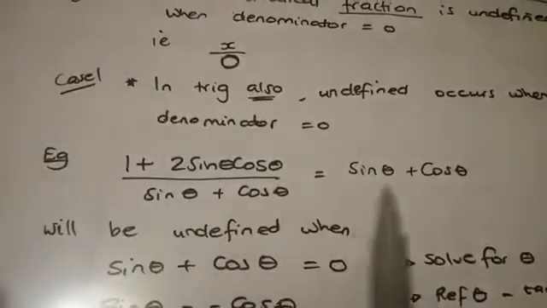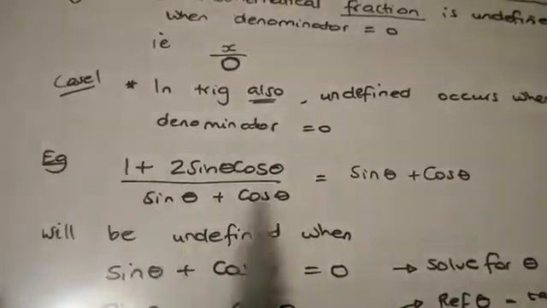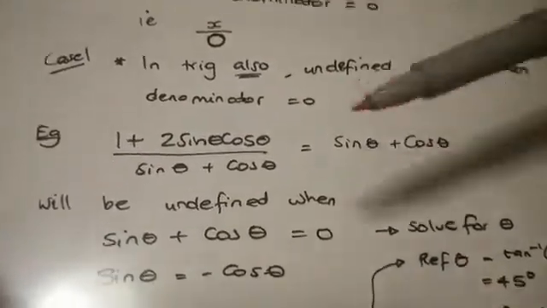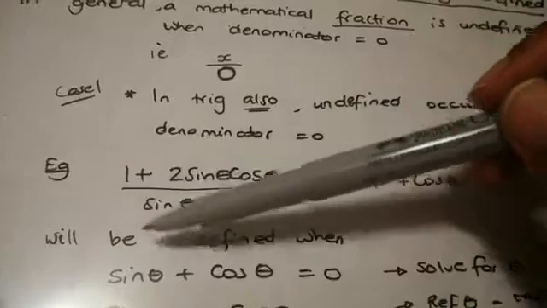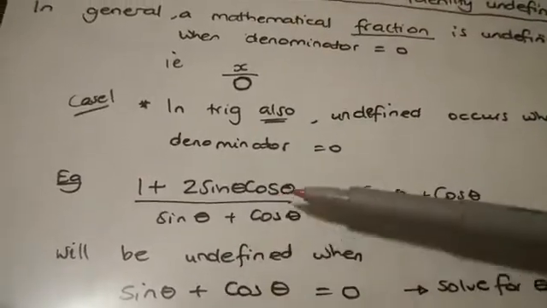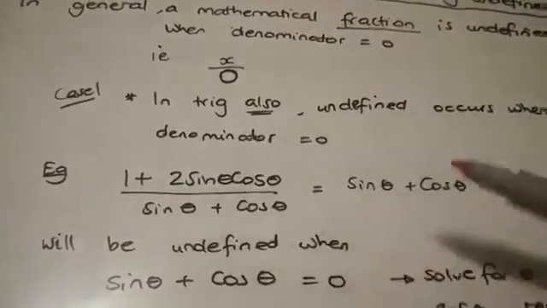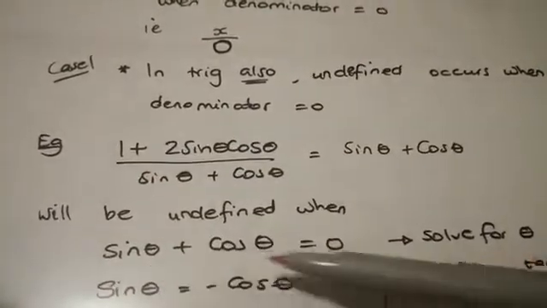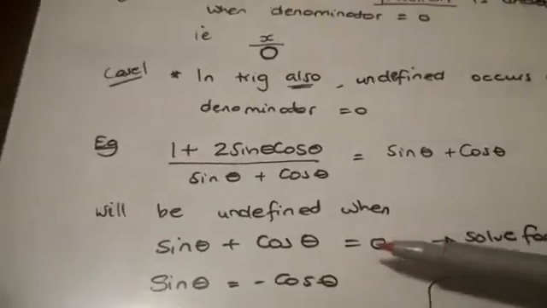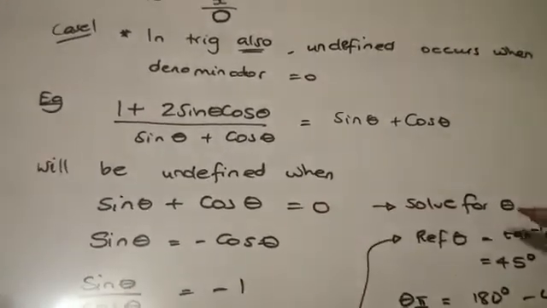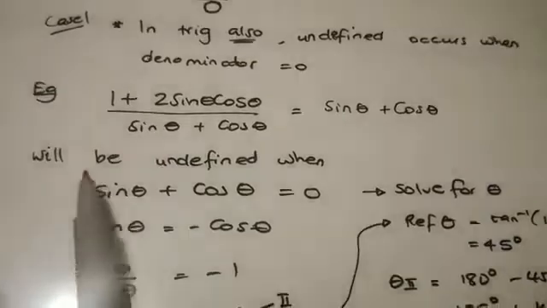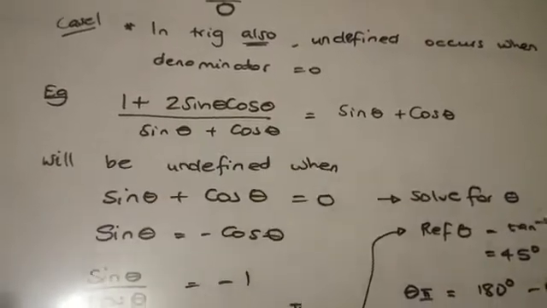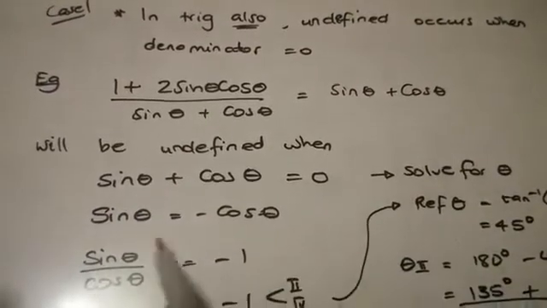This is something that you would have been asked to prove, to show this is equal to that, but that's not what we are doing now. This is going to be undefined if this denominator is equal to 0. So the only thing you do is equate the denominator to 0, which is what I have done, then solve for theta. You make an equation at the bottom by equating the denominator to 0, and then you solve the equation.